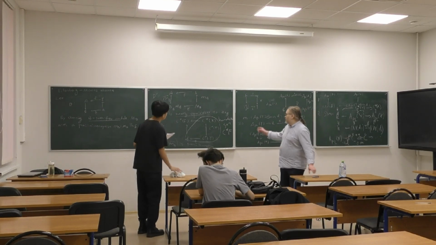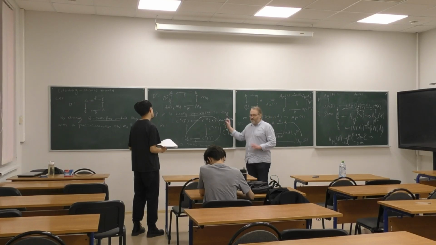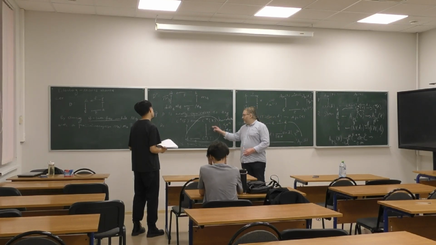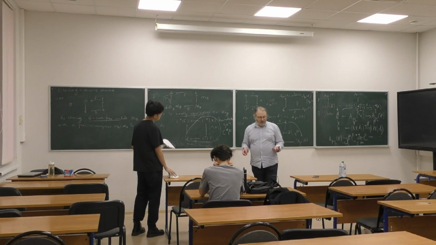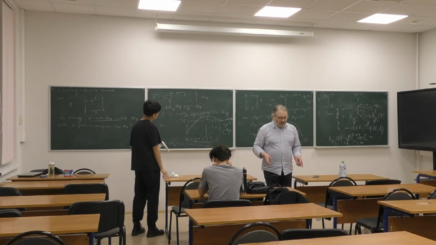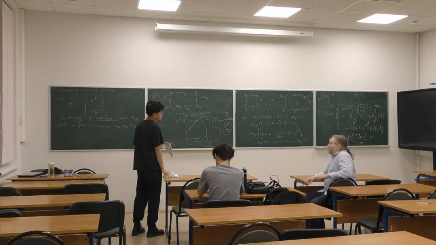Okay, let's prove that some procedure applied to C alpha star of x, C alpha star of y gives us the C alpha star of f, and then we'll see if it helps or not.